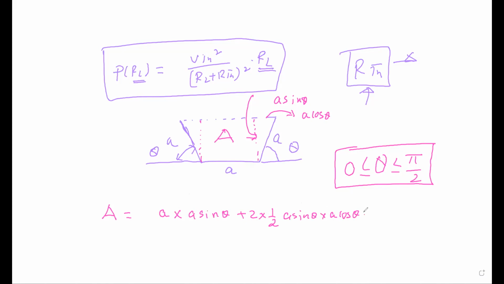And that will be equal to A square sin theta plus A square sin theta cos theta, isn't it? Or you can write it as A square sin theta (1 plus cos theta).